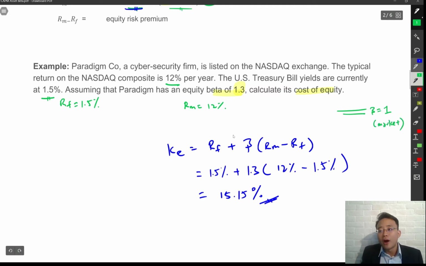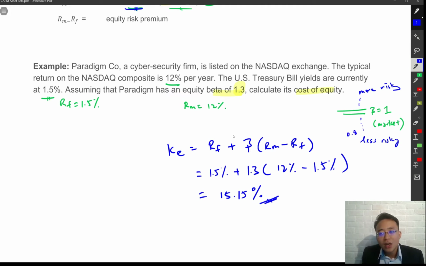So therefore, anything above 1, you are more risky. And obviously then, anything below 1, you are less risky. So example, if your beta is 0.8, less risky. If your beta, like the question, is 1.3, you are more risky. And from there, we then calculate the cost of equity or what shareholders expect.